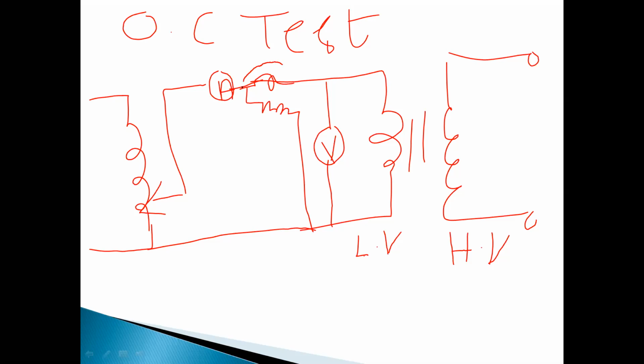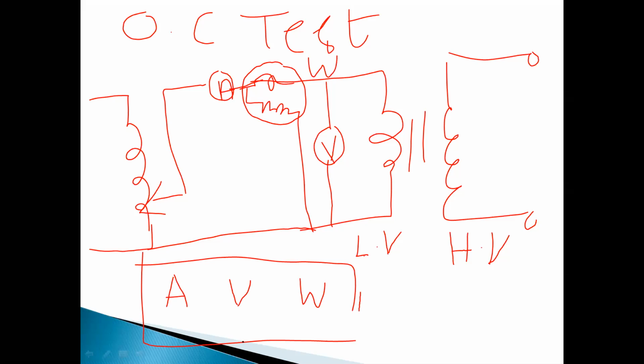So we have three readings in the open circuit test. The ammeter gives the current rating, the voltmeter gives the voltage rating, and the wattmeter gives the power rating.